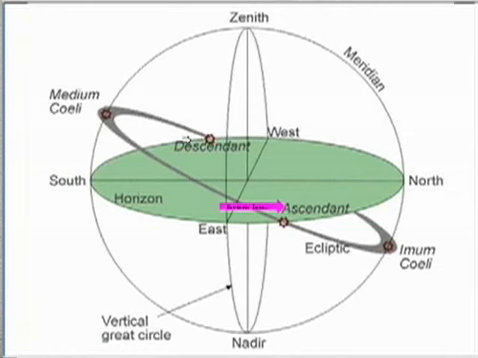So this picture assumes that the horizon and the celestial equator are identical. The descendant is where the ecliptic and the horizon meet. The ascendant is where the ecliptic and the horizon meet. The ecliptic and the horizon, not the ecliptic and the celestial equator.